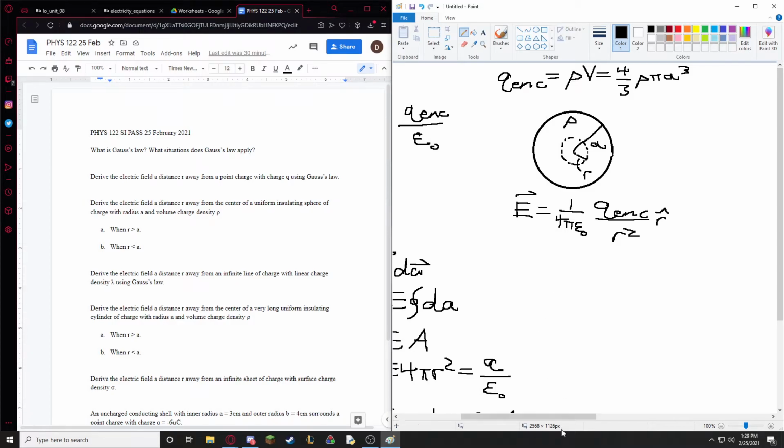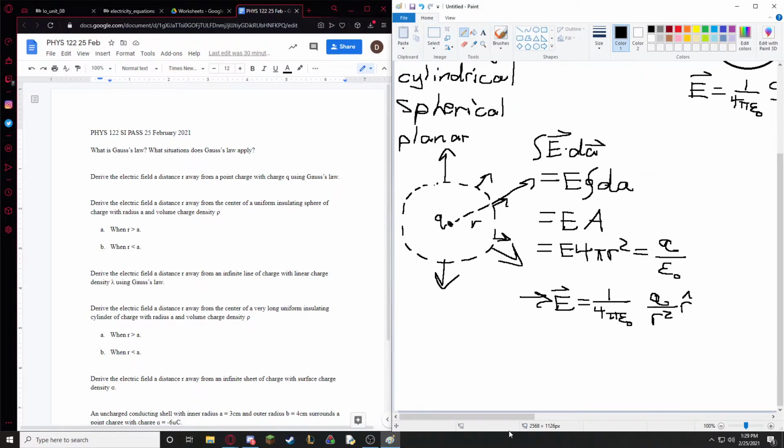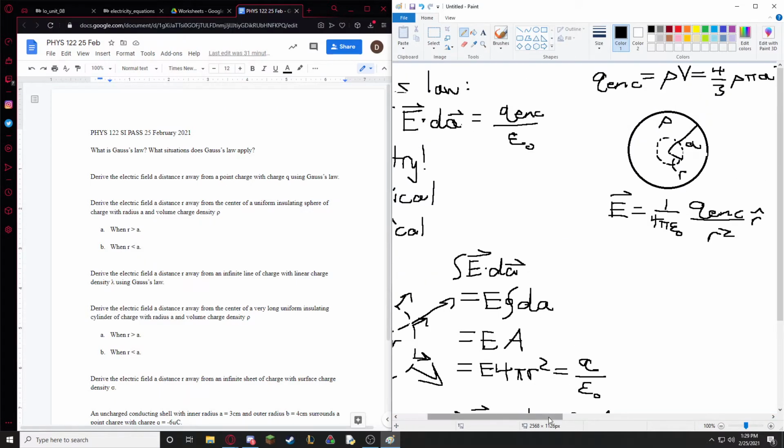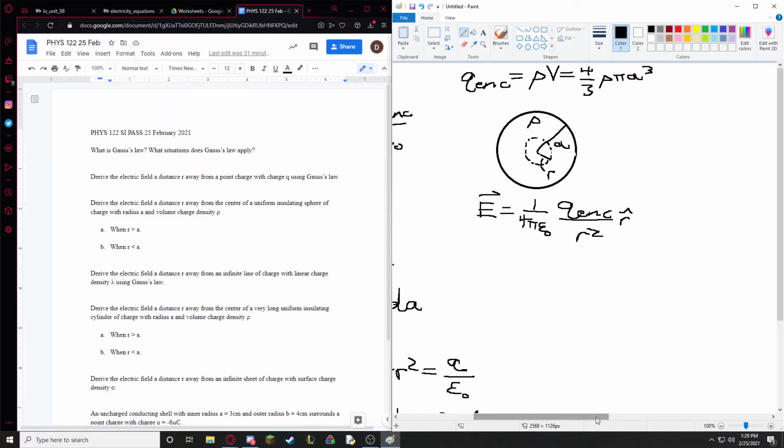It's essentially the same process as over here. E dot dA is equal to E times the area of our Gaussian surface, which is E times 4 pi r squared. Everyone on board still?